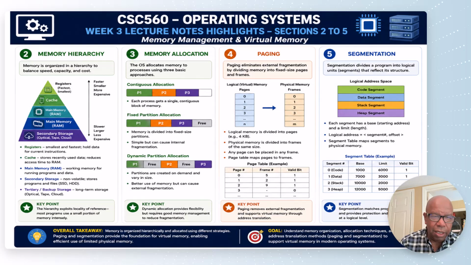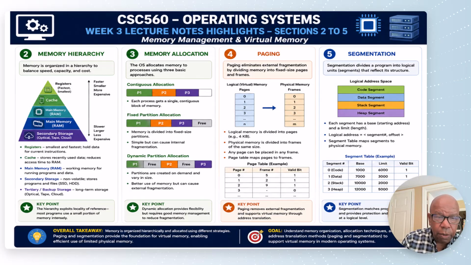Program A might get 100K, program 2 might get a meg, program 3 might get 10K. So depending on the allocation, your dynamic partition allocation is not going to be consistent with every process or every program that runs. Okay, so we have contiguous allocation, fixed partition allocation, and dynamic partition allocation.